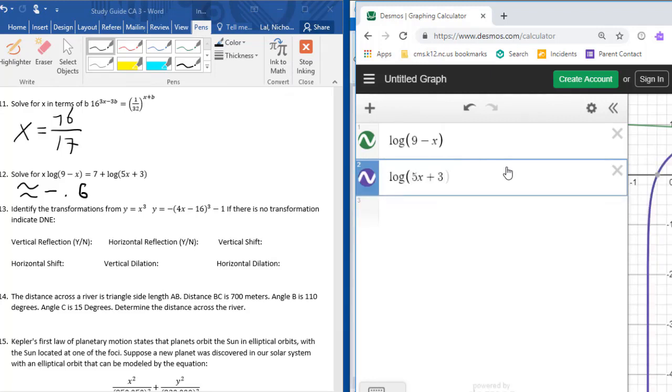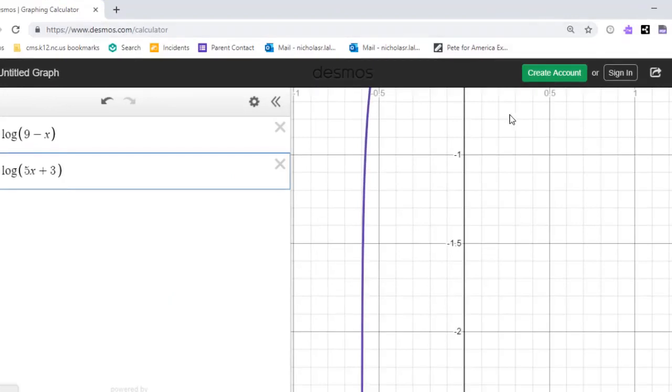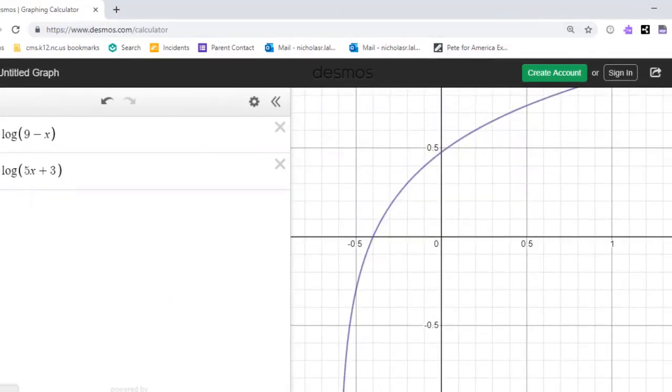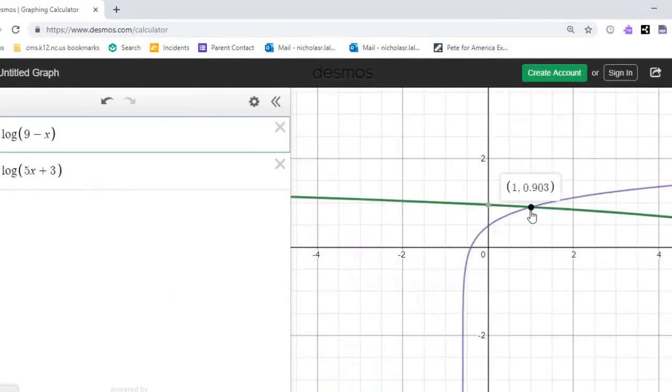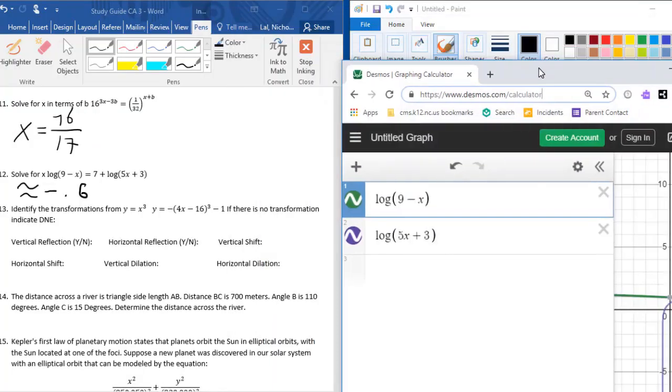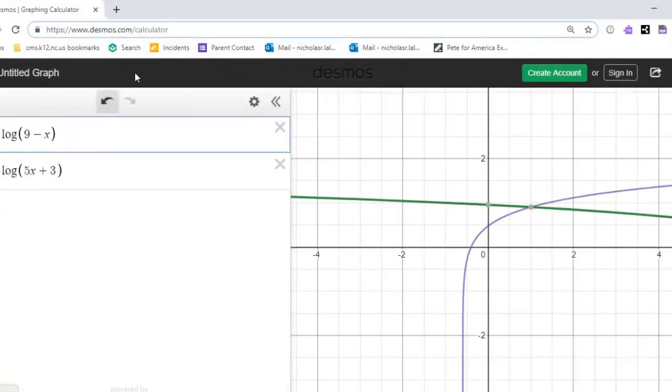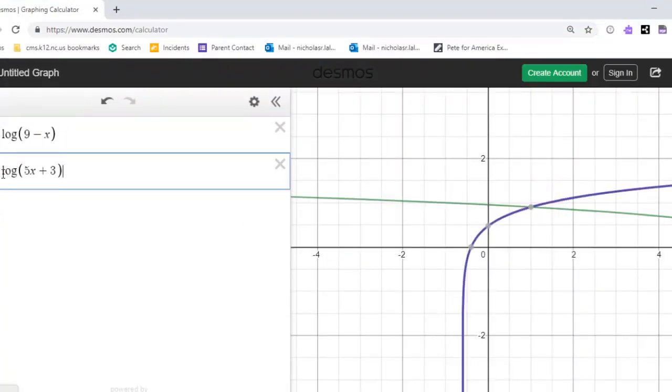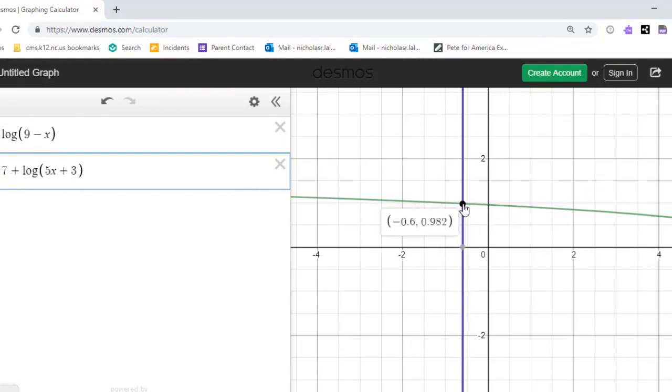So you can put one equation in row 1, one equation in row 2. You look for their intersection. The one equation is log of 9 minus x, and the other equation is 7 plus the log of 5x plus 3. And I see the x value of that intersection is negative 0.6.